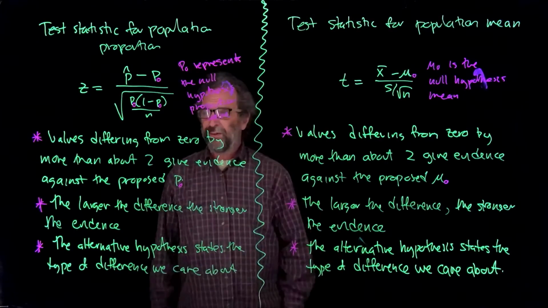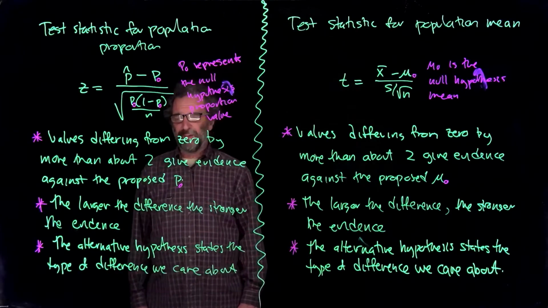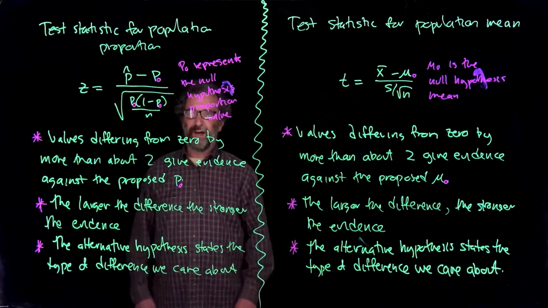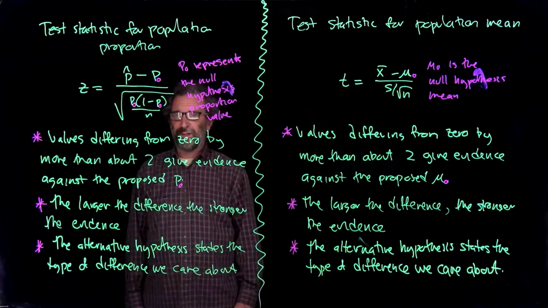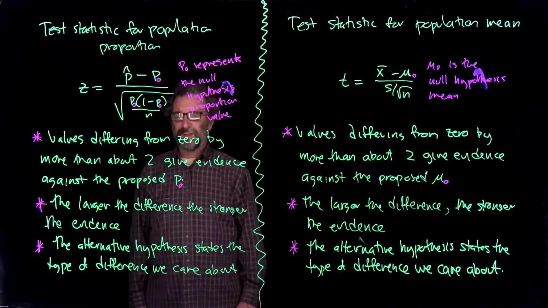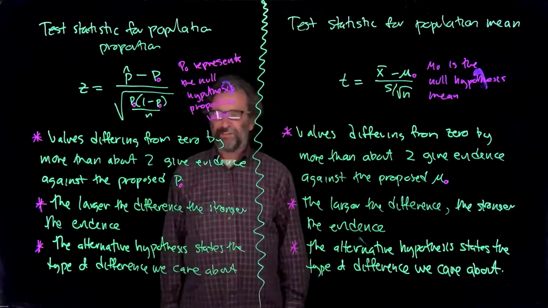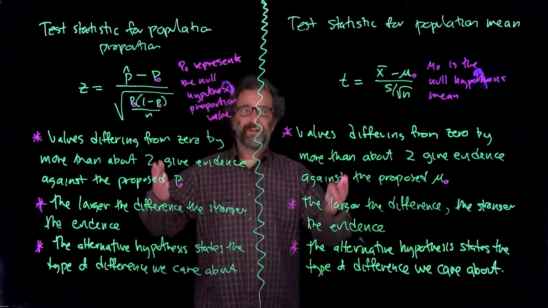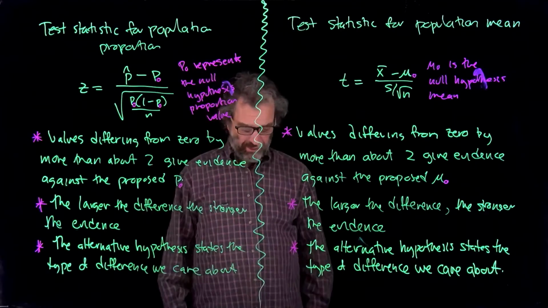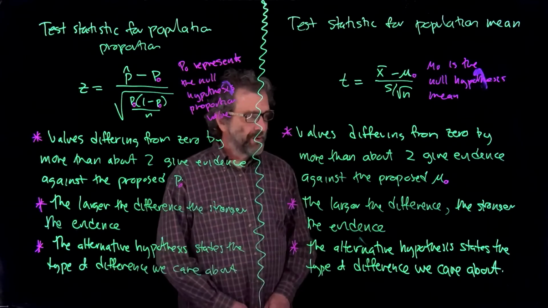There's a way to analyze strength of evidence, and where in the confidence interval setting you're either in the interval or not, here we see something called the p-value, which gives you strength of evidence, which is sort of universal across all statistical procedures. So once you understand what the p-value stands for, then you can look at all kinds of testing and all kinds of statistics, not just these two, and have some idea what the experimenter was doing and how strong the evidence was. So we'll be doing that in a bit.